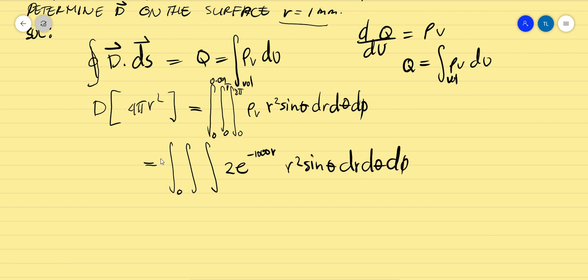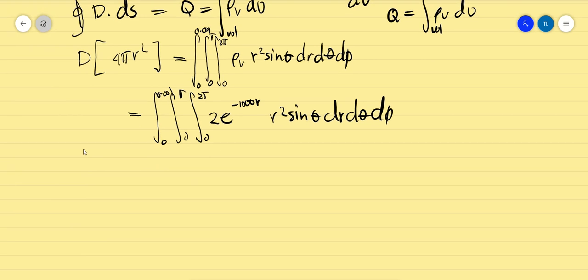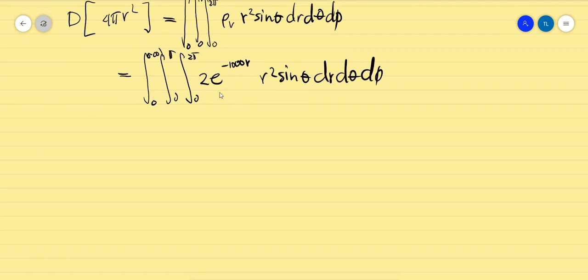This is from 0 to 0.001, 0 to pi, and 0 to 2 pi. So we can first integrate d phi because there's no phi in our equation.